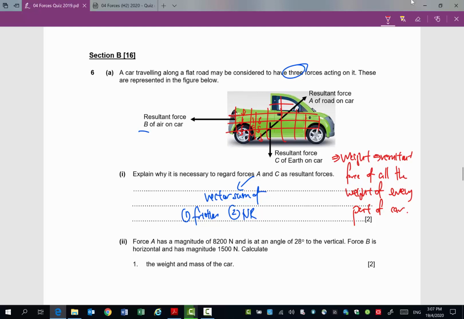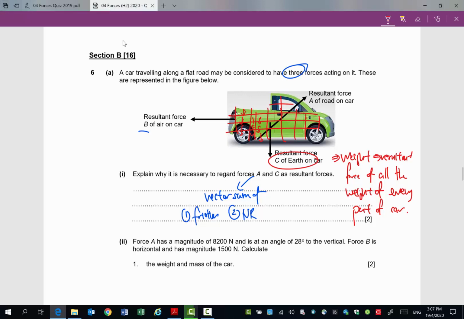In fact, I can segment the whole car into its molecules and atoms, and each atom itself will have its own mass and weight. How we understand weight normally in solving questions is just a very convenient mathematical treatment, to consider the whole weight to be acting at the CG of the car. But essentially weight is made out of the forces on every part of the car.